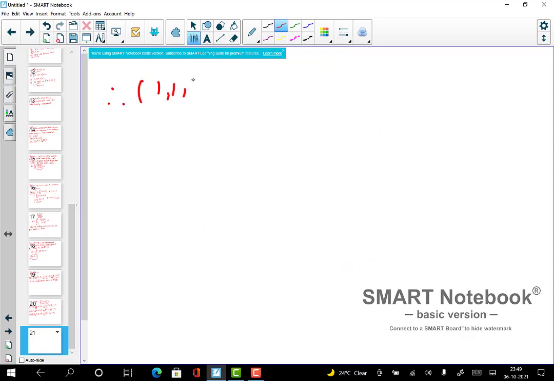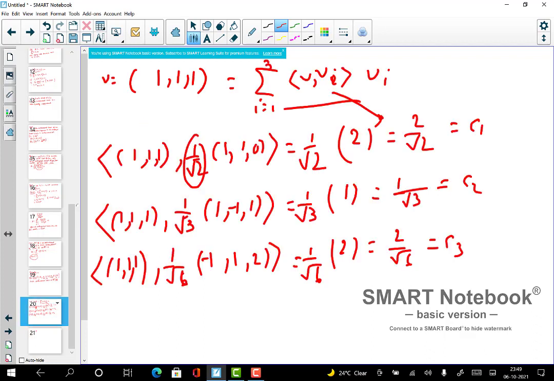And now you can see that you can find the coefficients so quickly. So you can write down that (1, 1, 1) can be written as: the coefficients were 2 by root 2, 1 by root 3, 2 by root 6.